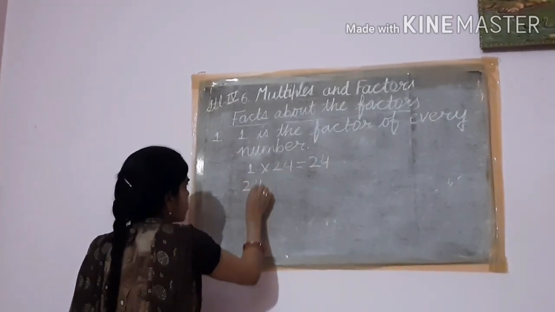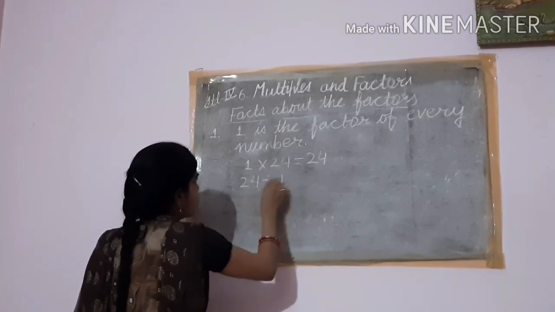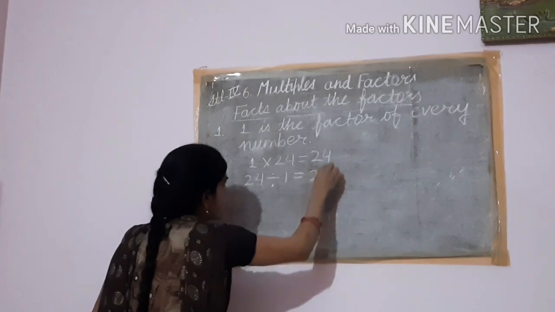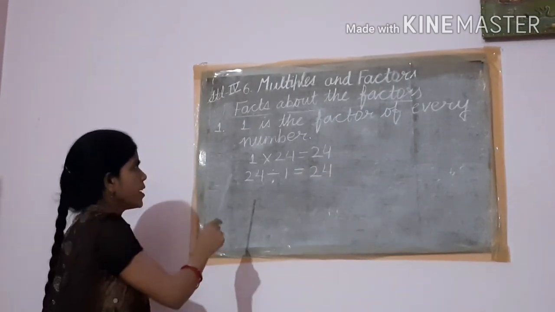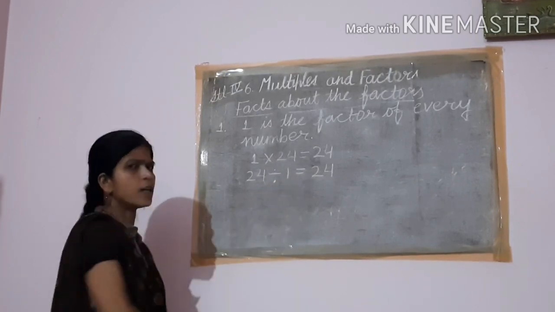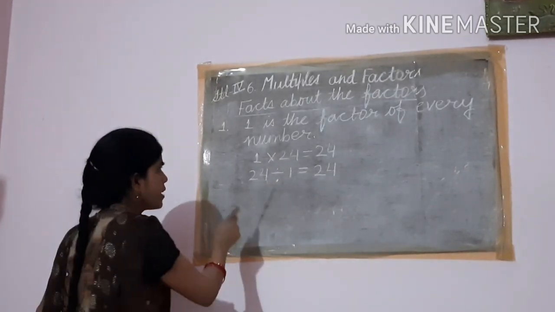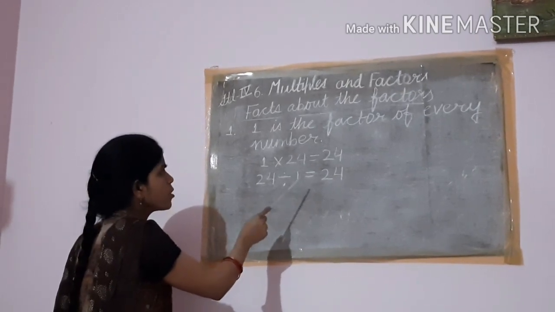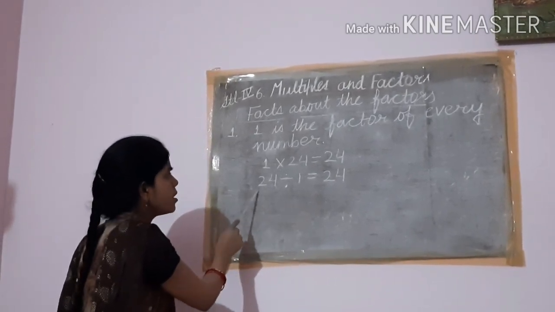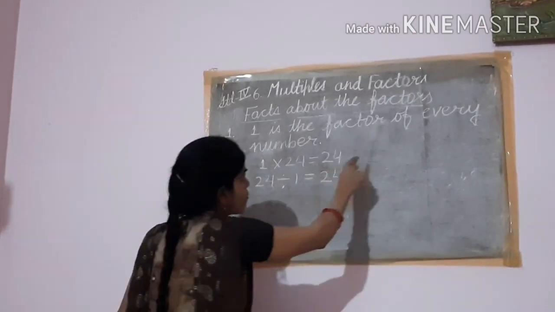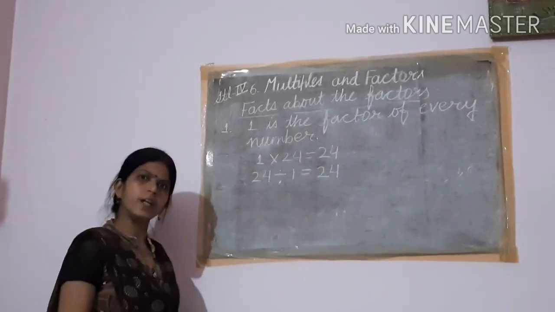Or when 24 is divided by 1, the quotient is also 24. So when any number is multiplied by 1, the product is the number itself. And when any number is divided by 1, the quotient will be the number itself. It shows that 1 is the factor of every number.